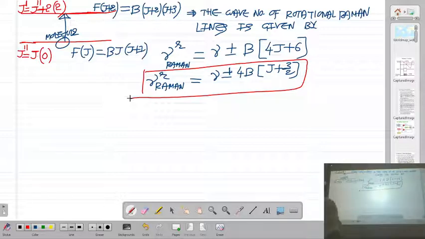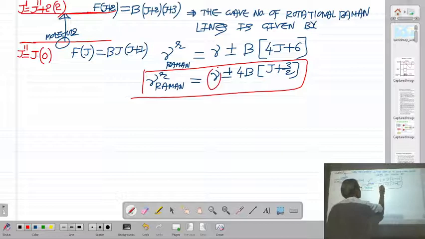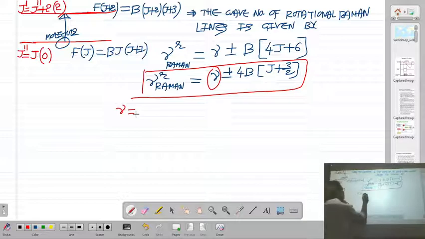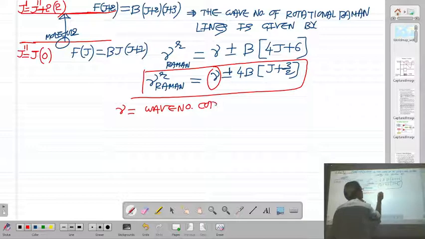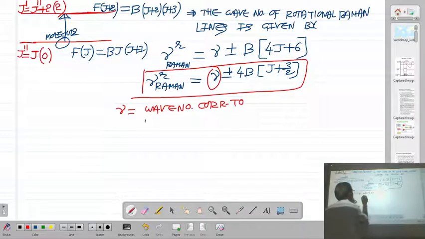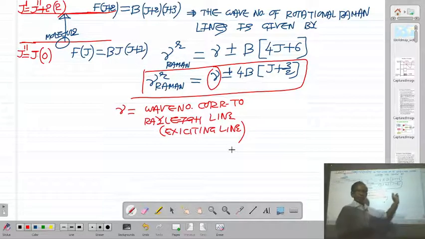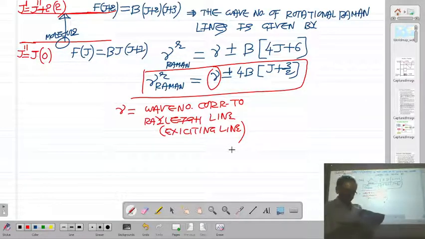Where, what is this nu? This nu is the wave number of the Rayleigh line, right? So I mentioned that also, nu is the wave number corresponding to the Rayleigh line or exciting line.